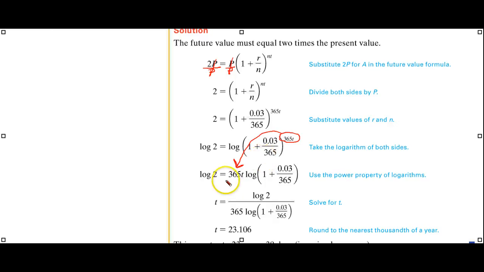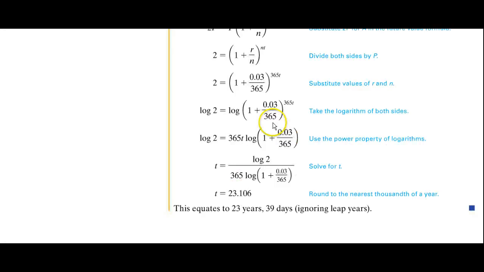Okay? So now we want to solve for t. Well, how do we get t by itself here? Well, we're going to divide by this and this, which is what they've done here. And I'll raise it up. And the wonderful thing about a calculator, and hopefully we're working this right now, is that you take log 2, put that in your calculator, and then you just divide it by all of this.